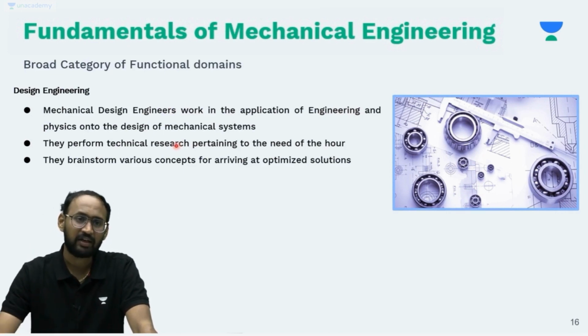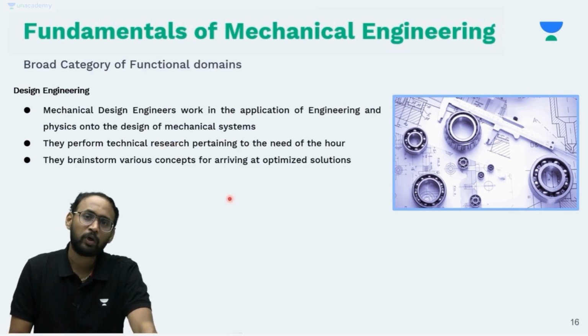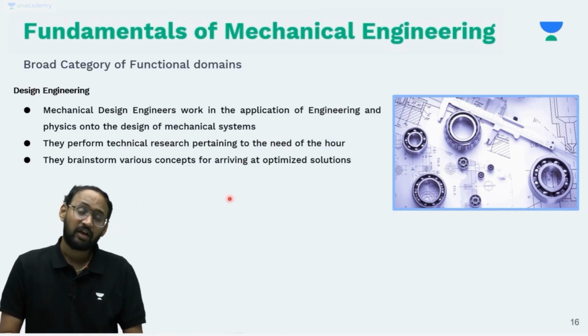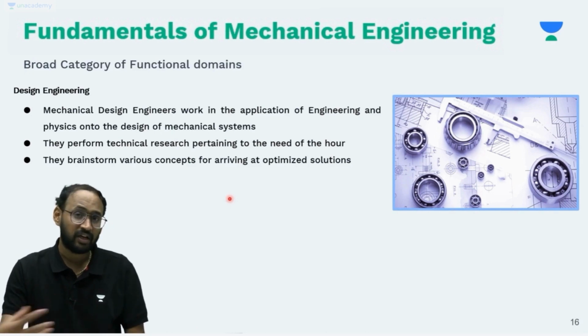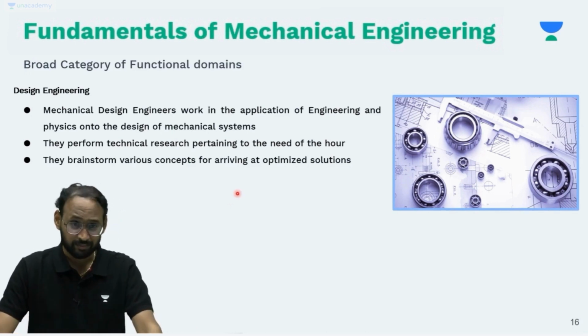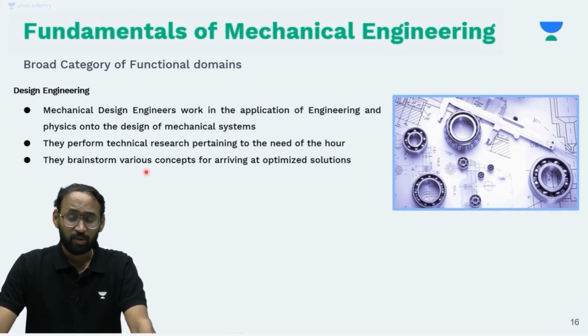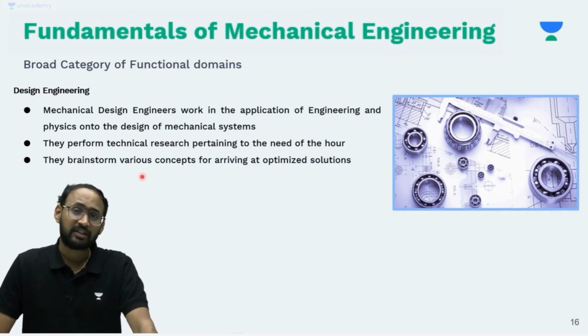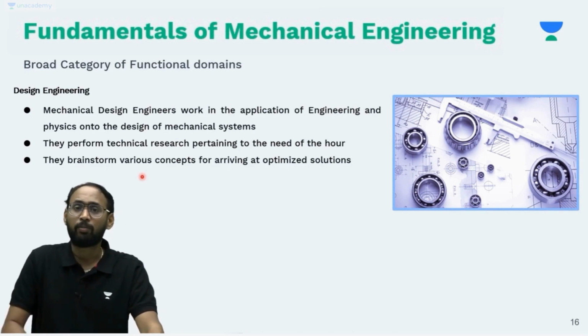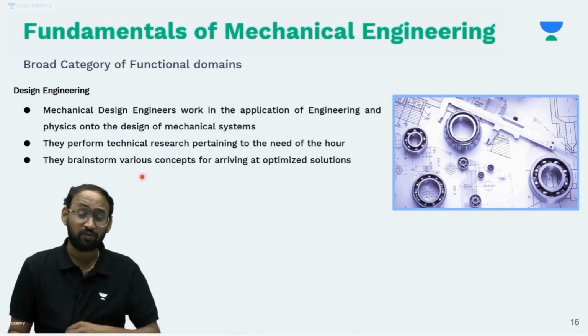You would also do technical research to understand the functionality of a product and to arrive at a solution. So how do you arrive at the solution as a design engineer? It's not like you have a problem and you provide a solution. It's not straightforward in most cases.